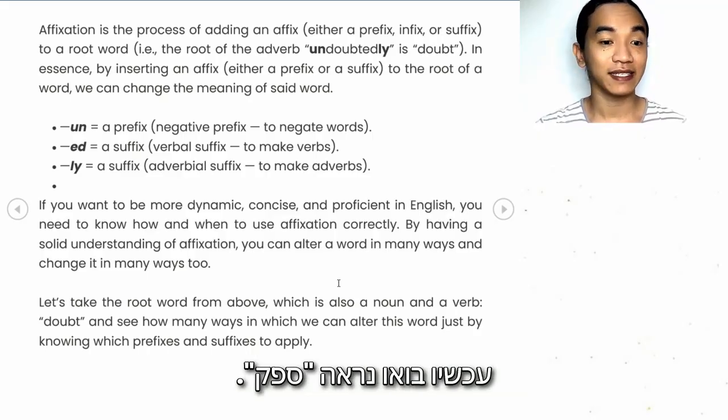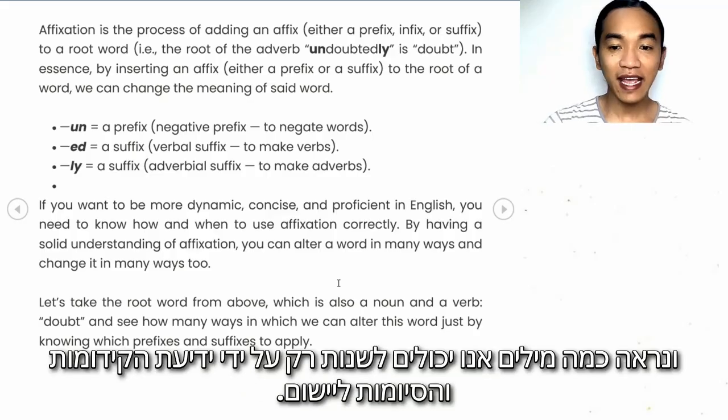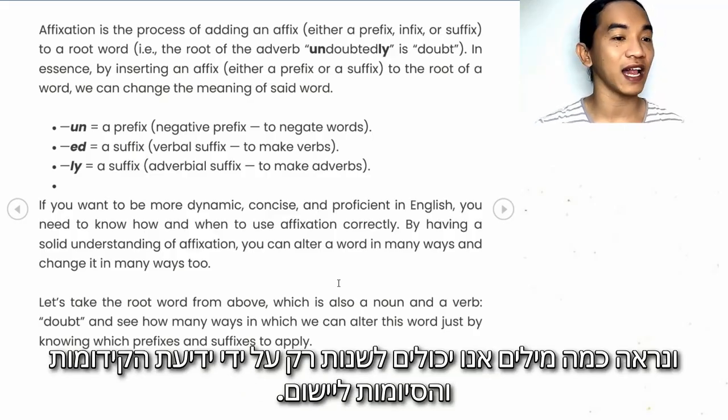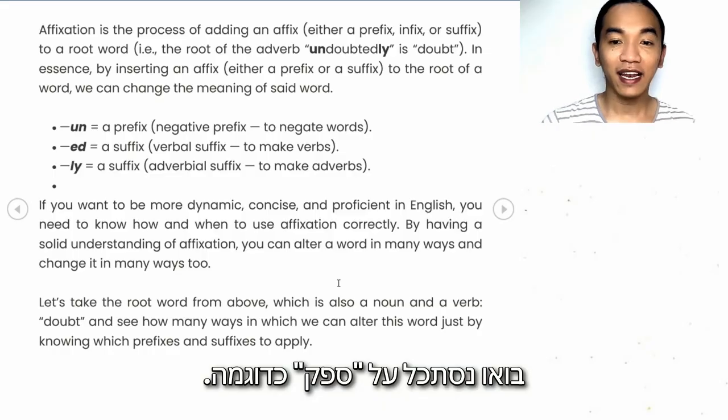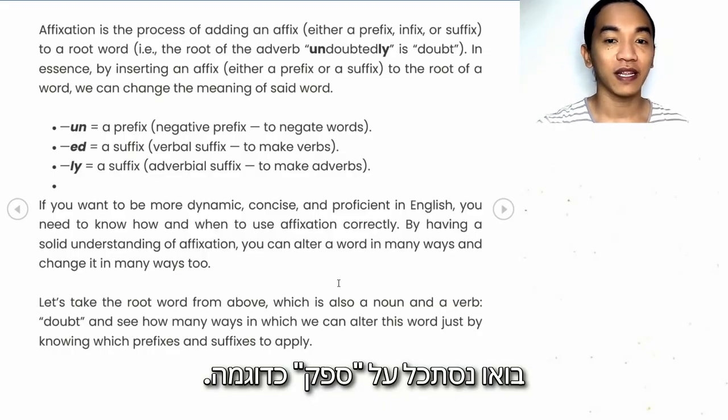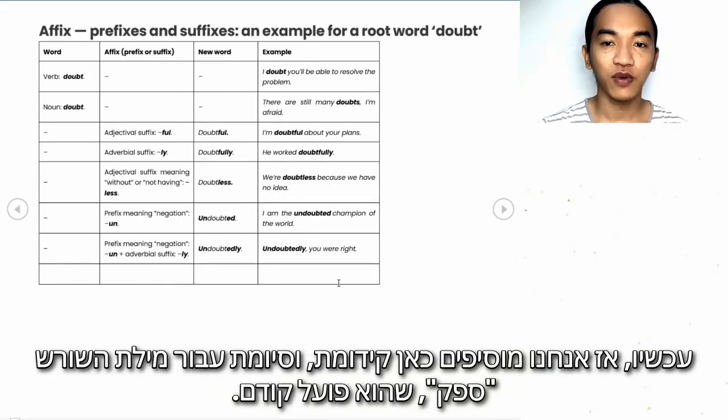Now, let's see doubt, okay, and see how many words we can create just by knowing which prefixes and suffixes to apply, okay? Let's take a look at the example, doubt. Now, we add a prefix or suffix to our root word doubt, which is a verb first, okay?